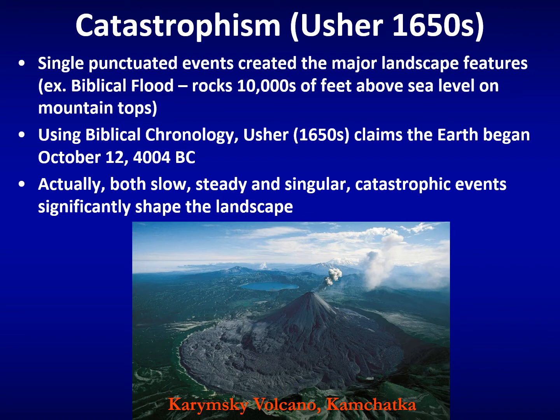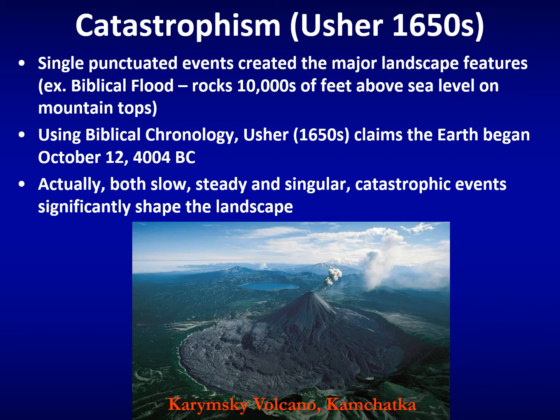He looked through the Bible and said that the Earth must have begun sometime around 4004 BC, a more literal translation of the Bible. And he also thought that major landscape features would have been created by single punctuated events like the biblical flood.